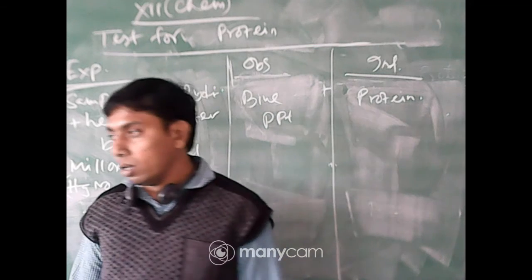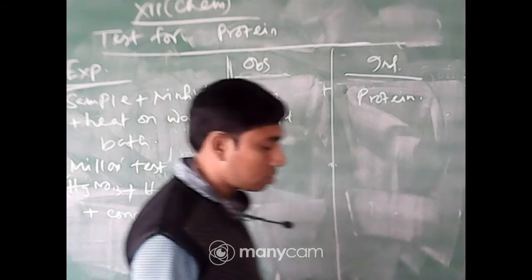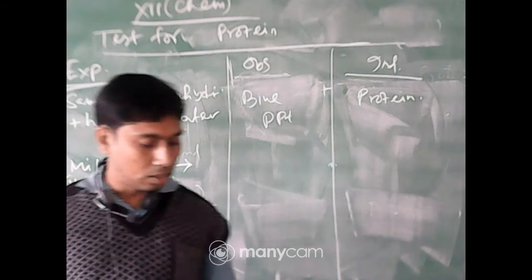Now another one, that is fat, is also in your syllabus. What are the tests for fat? First of all the solubility test, translucent spot test, and acrolein test, which we can do here, but the acrolein test is very poisonous due to the formation of acrolein gas vapor. Okay.